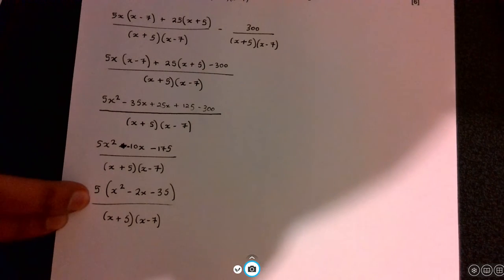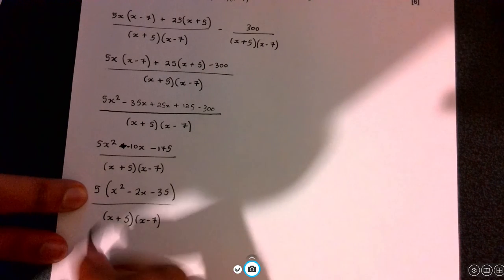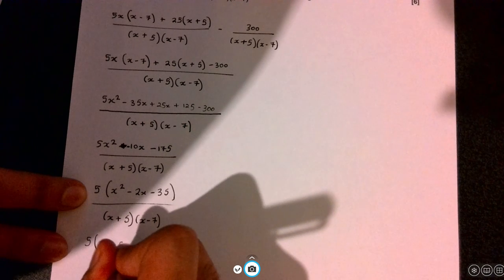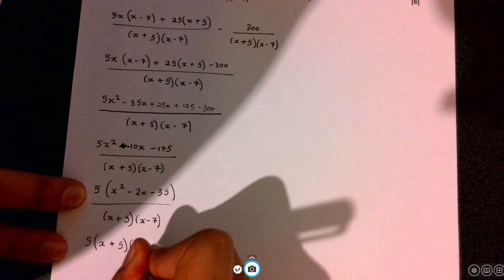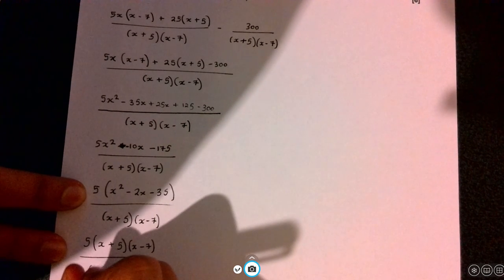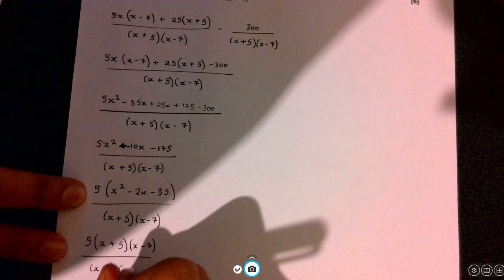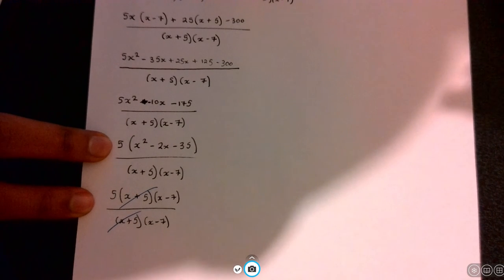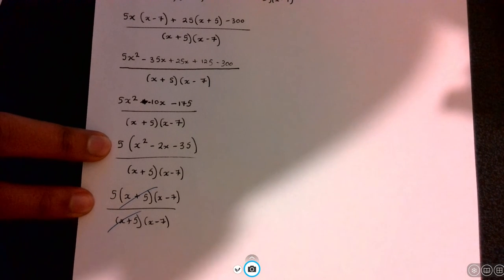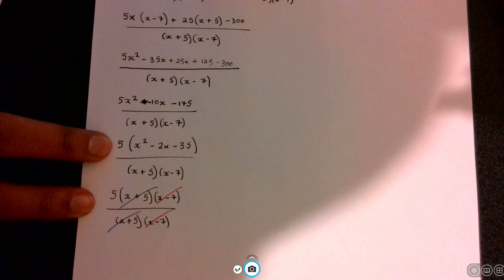The x squared minus 2x minus 35 factorizes to (x plus 5)(x minus 7). On the bottom, we still have this (x plus 5)(x minus 7), and happily for us, the (x plus 5)'s cancel and the (x minus 7)'s cancel. So we are left with 5, which is an integer.